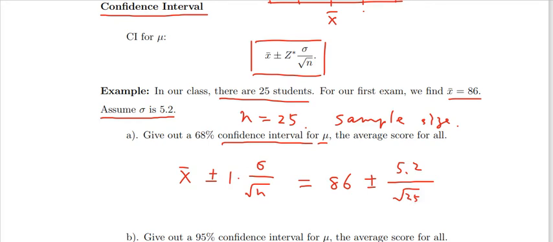So this equals 86 plus minus 5.2 over 5. For an interval we prefer the answer as from lower bound to upper bound. Here the lower bound is 86 minus 5.2 over 5.